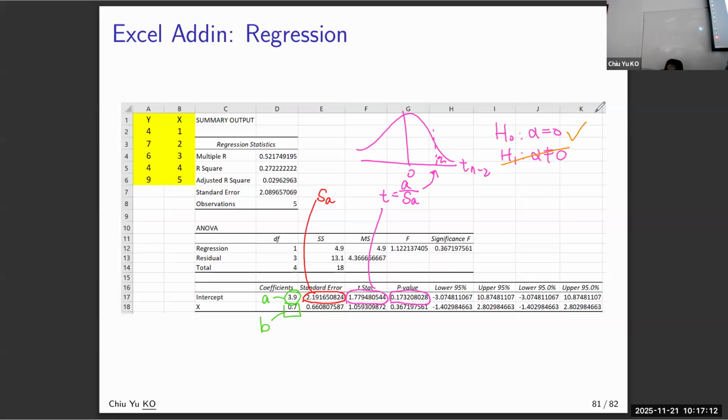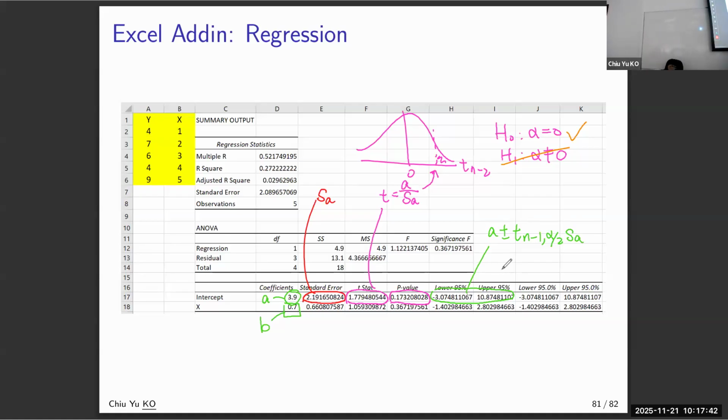And what is the remaining column? The last two columns are the same for B, so just focus on these two. This will be the confidence interval, the estimated result. So this one will be A plus or minus T with n minus 1 and alpha over 2 times S of A. We have seen that.